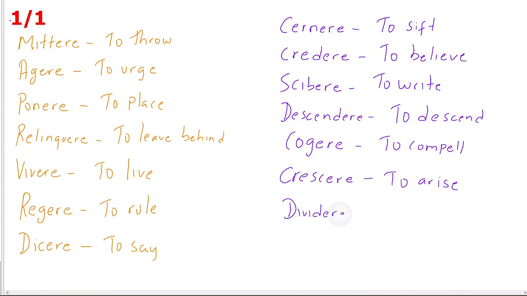Dividere, to divide. And discere, to acquire knowledge. So these are a few verbs that belong to the third regular.